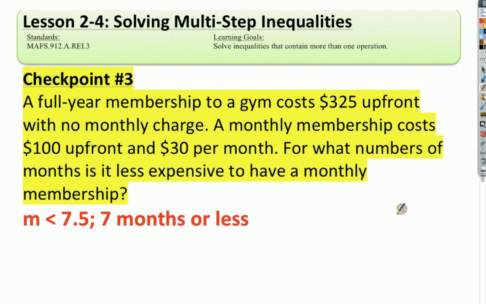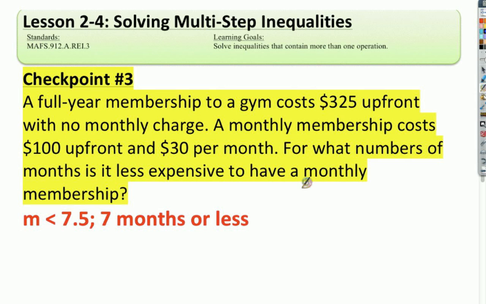So Marlon, your interpretation was great, that you can't have half a month, very important. But Jazz, if we put 8 in the monthly membership, how much does it cost? I'm sorry, I'm talking now to everybody, not just Jazz.